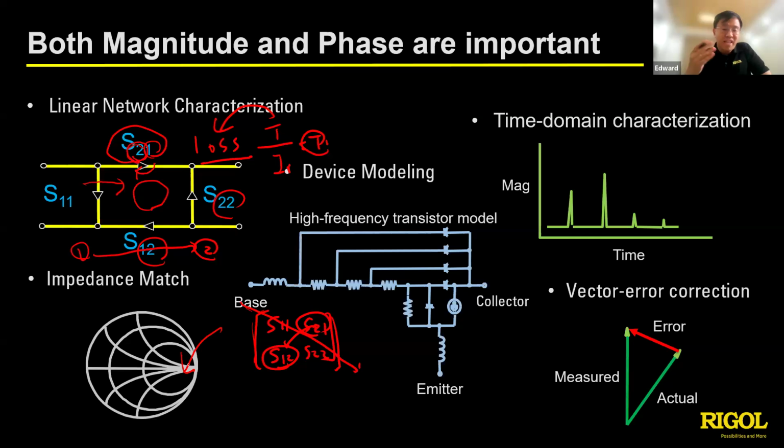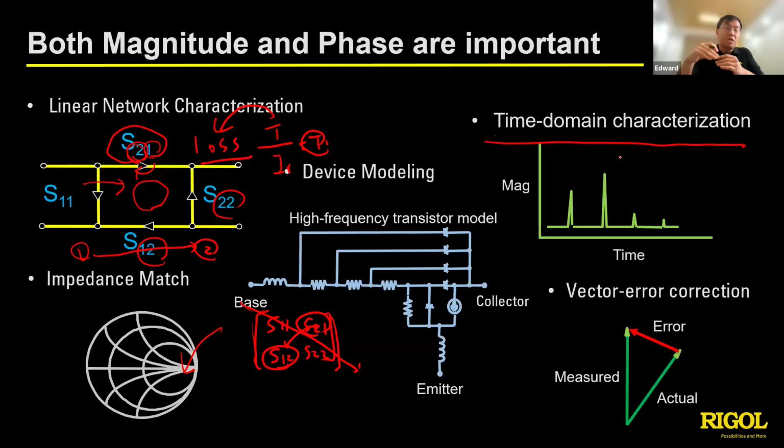Okay. So for the network analysis, we can also do the time domain characteristics, because the network analyzer is an RF frequency domain measurement. So we can use the inverse Fourier transform to get the frequency domain information back to the time domain. That means we can also do some time domain analysis like TDR, time domain reflectometry.